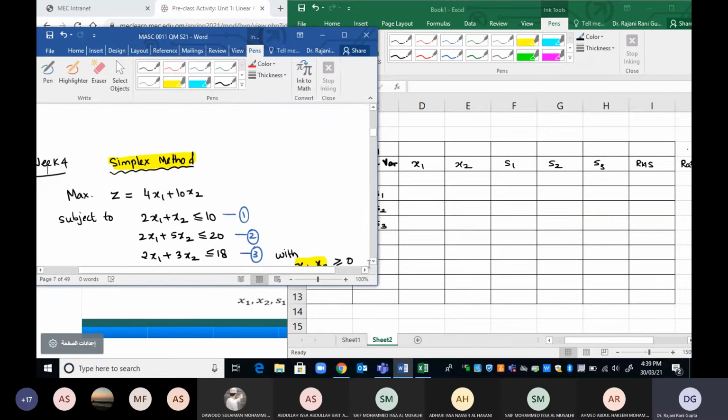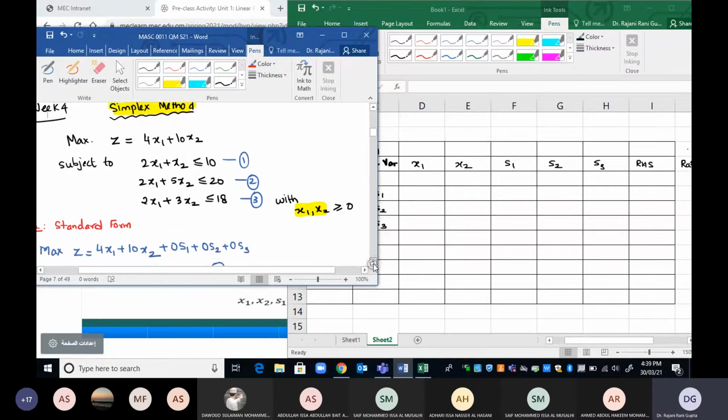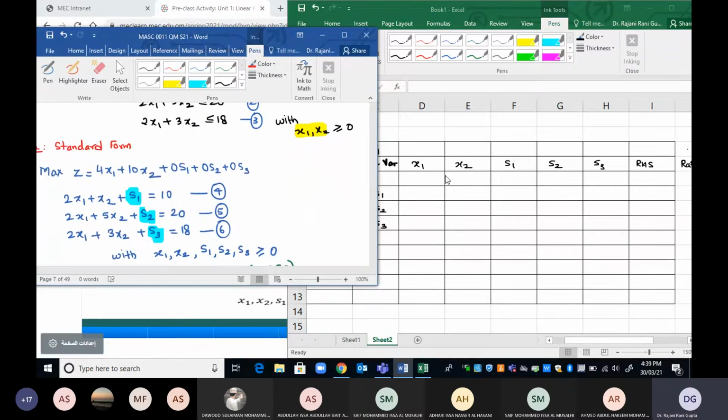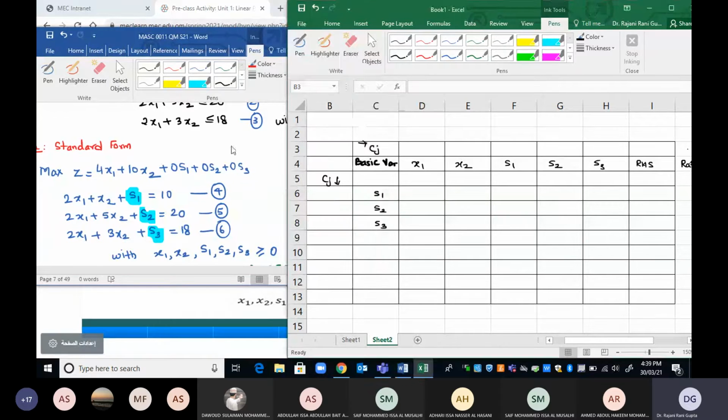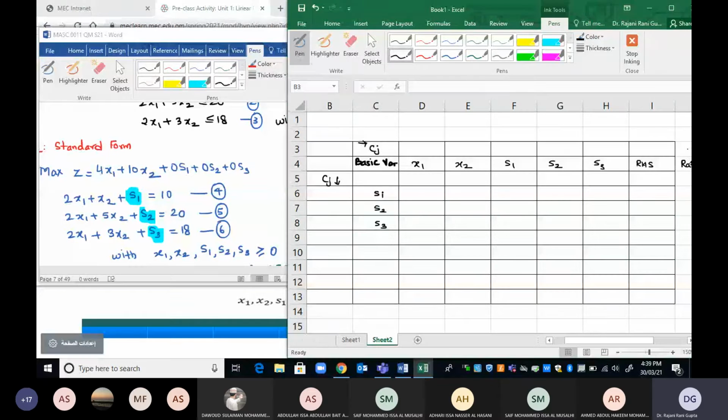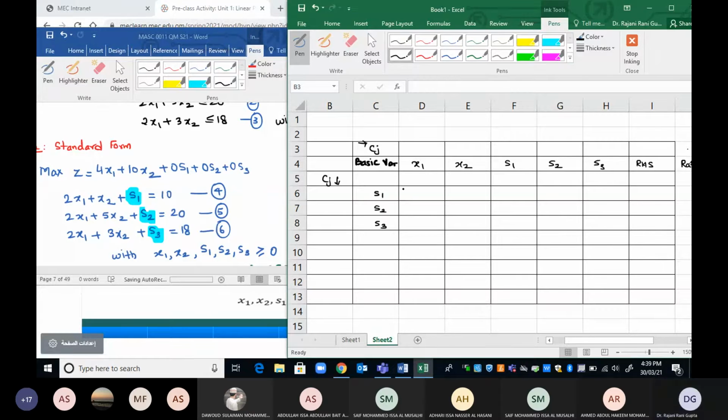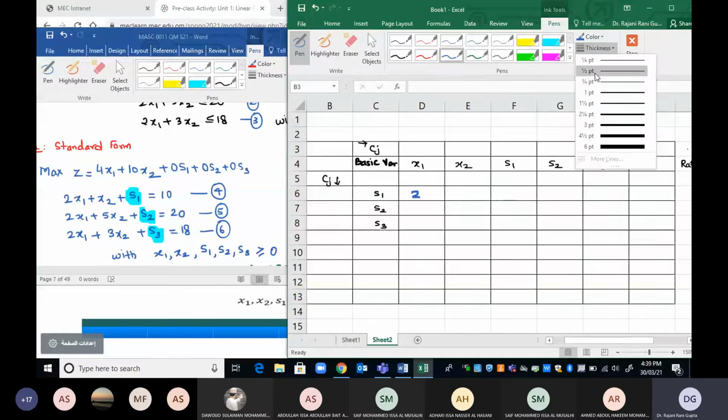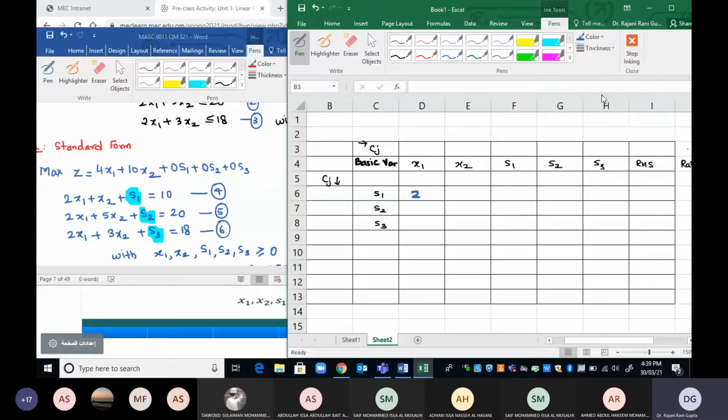So what number will come here? S1 comes in the first equation. So what is the coefficient of x1 in the first equation? It is 2. So you will get the number 2 here. Clear? How do we get 2 here? Because 2 is the coefficient of x1, where S1 is the basic variable. Similarly, the coefficient of x2 in this equation: there is no number and a positive sign. It means it is 1.